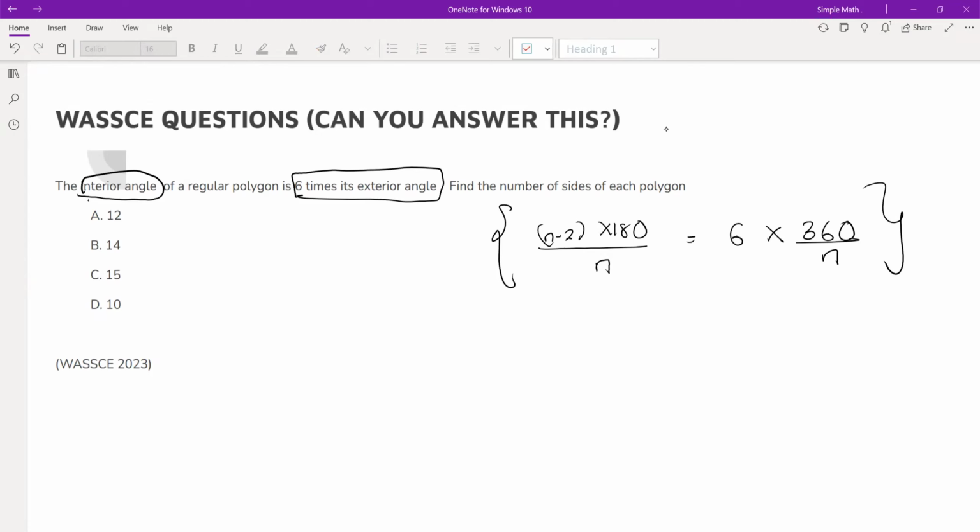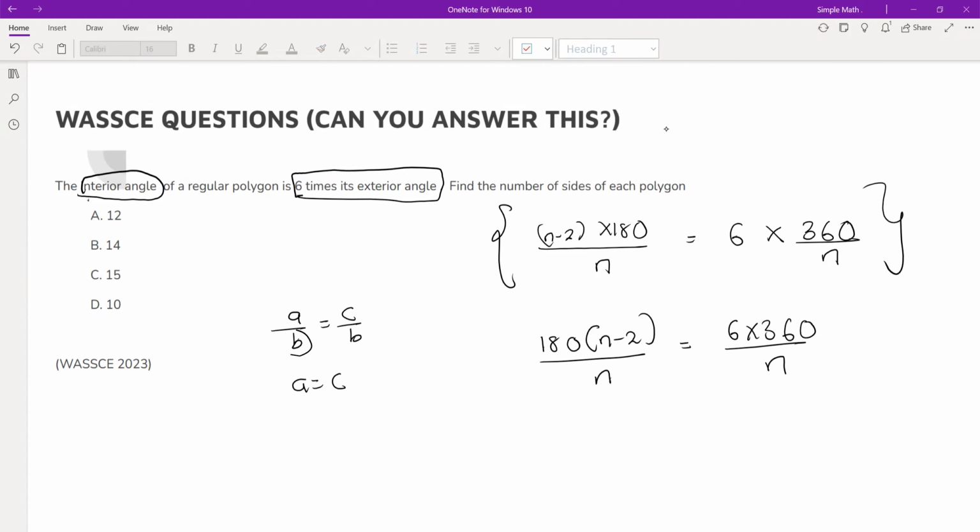So now we continue. Now 180 bracket n minus 2 over n equals 6 times 360 over n. Now I could say, if this is over n, for example, if I have a over b equals c over b, I can easily say a is equal to c, because both share the same denominator.